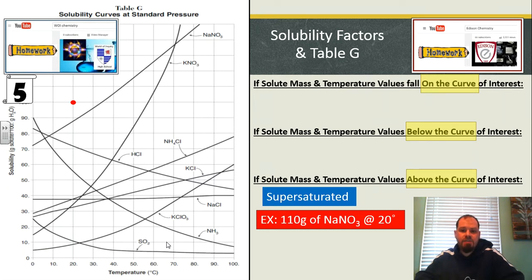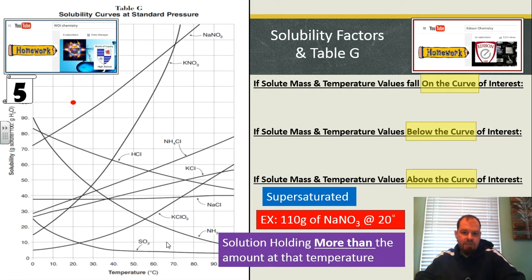So that is supersaturated. Okay, that is the first way we use this big old bad Table G. Saturated, unsaturated, supersaturated, just where it is. Then the games start. So let's get into some Table G games after we, of course, define one last time what supersaturated is: holding more than I'm supposed to be able to.